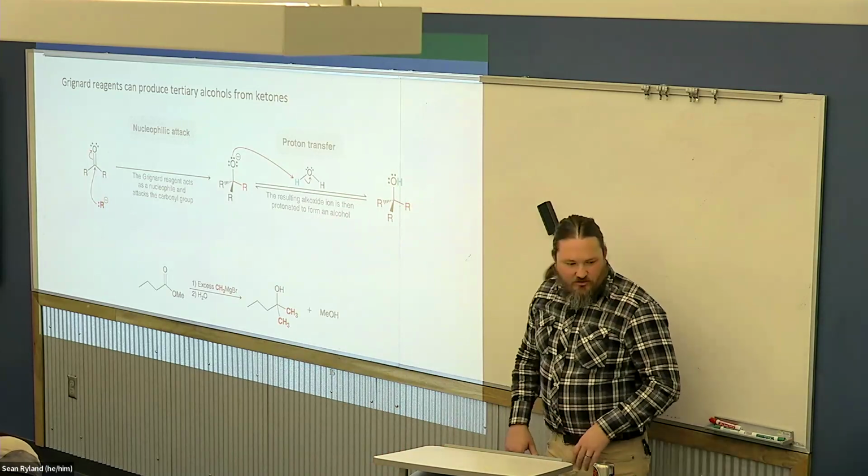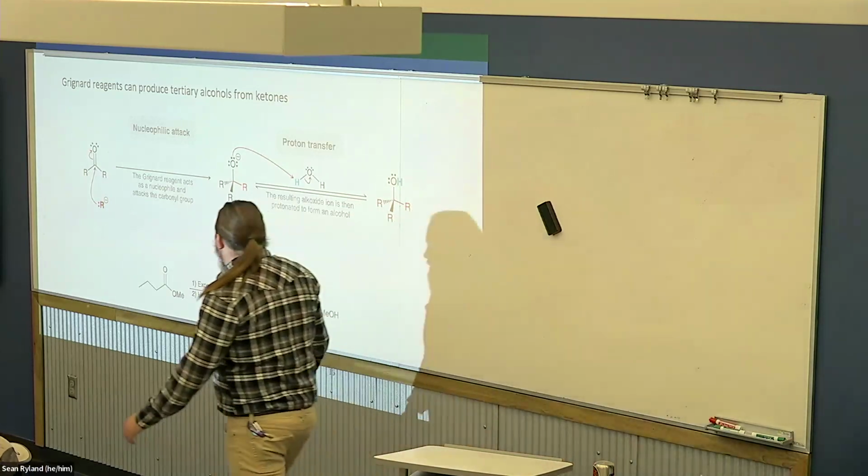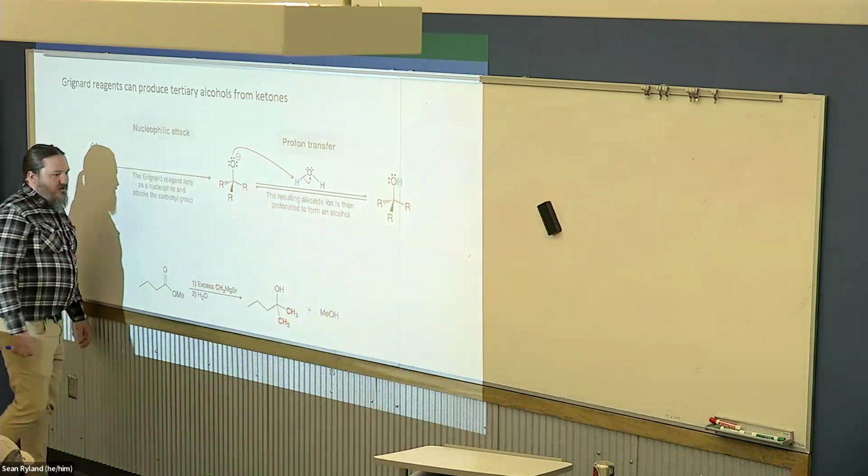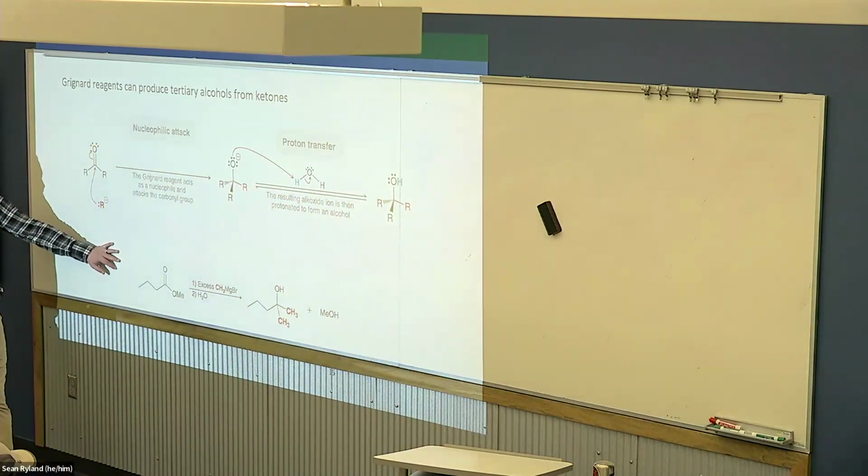And so the net result, the way we normally write it, and we don't get great yields with this, but it also means we can do this more than one time.